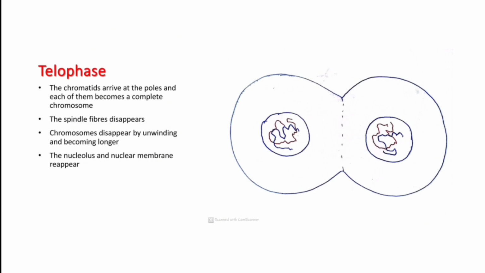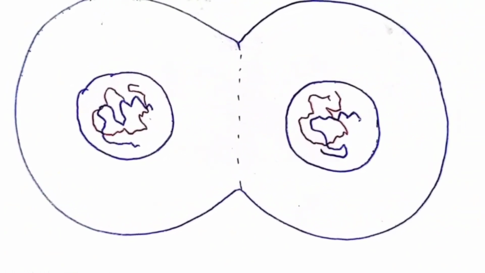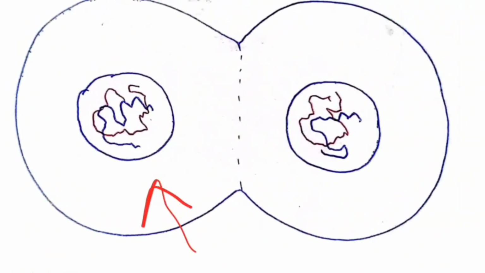So if you look at these two new daughter cells, they are the same, isn't it? Inside we have two chromosomes, okay? Even this side. So here we have two chromosomes inside. Even here we've got two chromosomes, right?